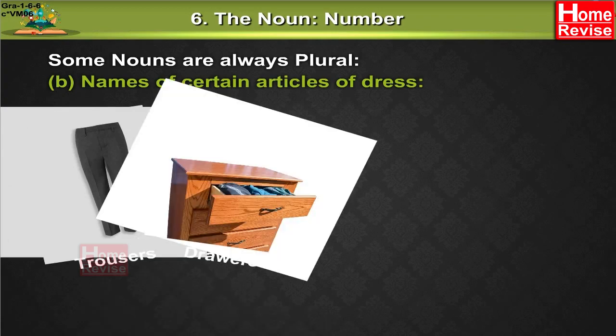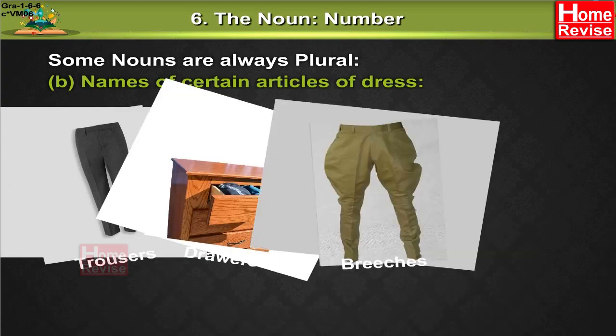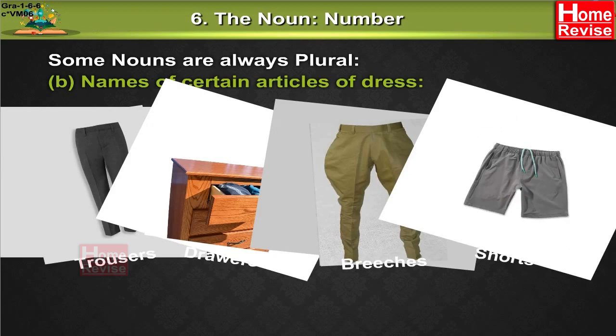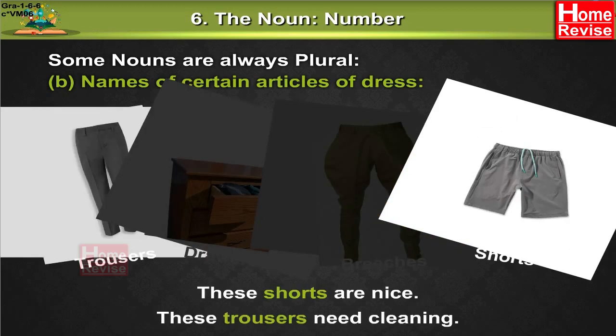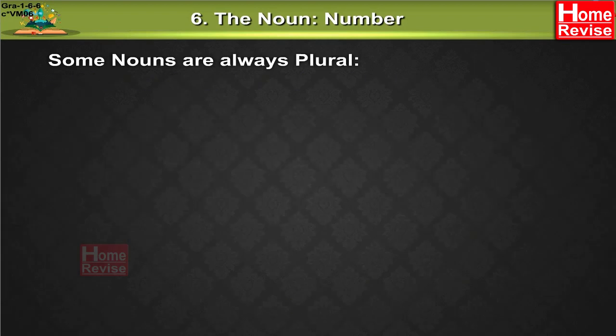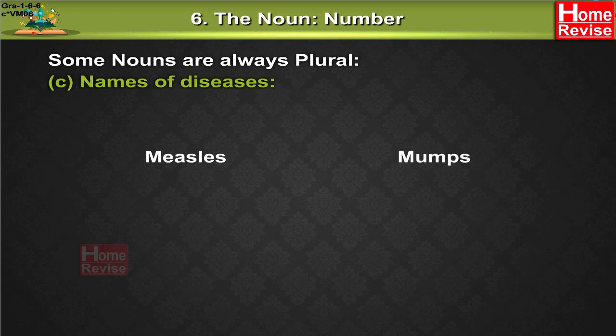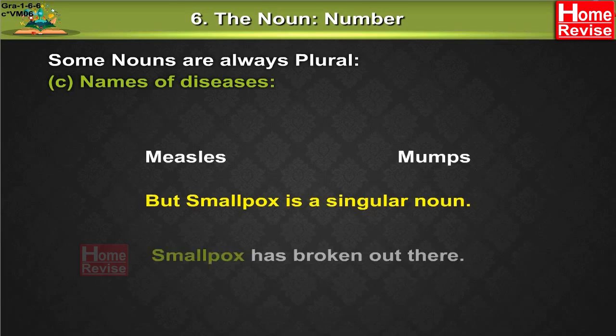Trousers, drawers, breeches, shorts. These shorts are nice. These trousers need cleaning. C. Name of diseases. Measles, mumps. But smallpox is a singular noun. Smallpox has broken out there.